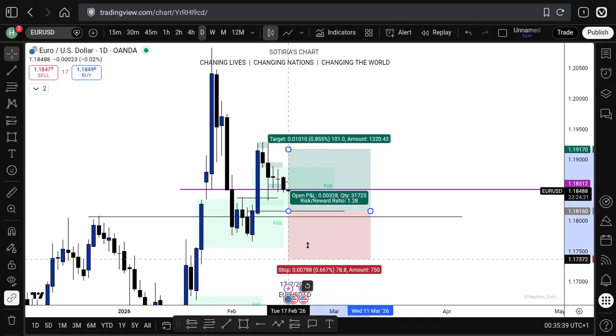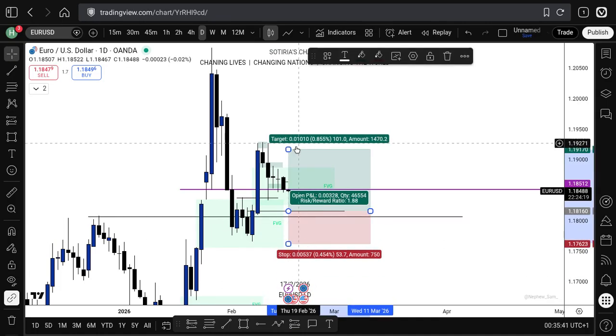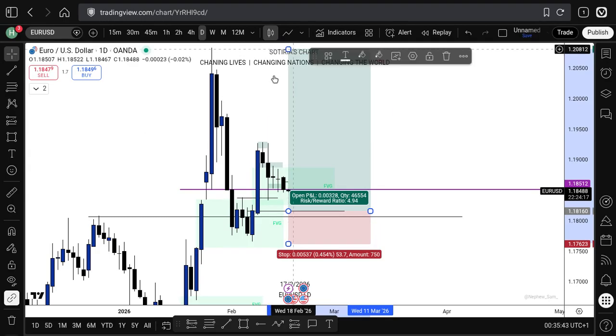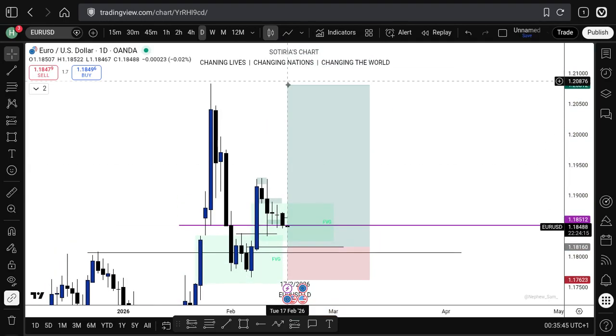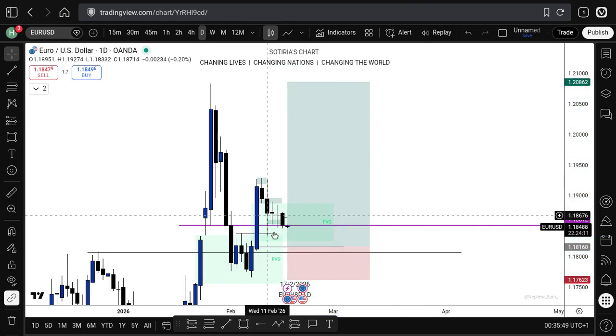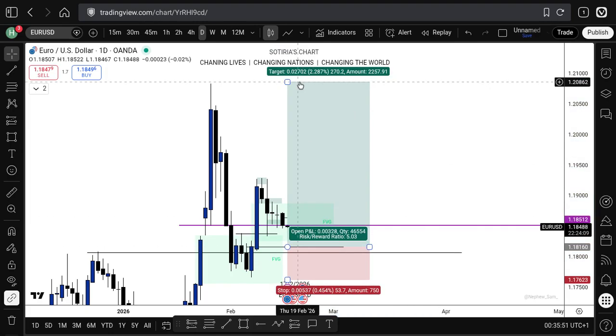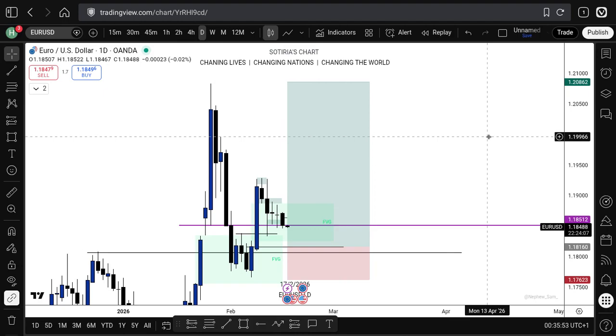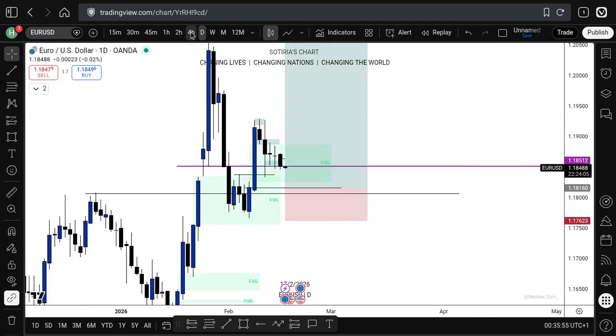So we can buy directly from this level and target these highs. Simple as that. Or you can buy from the lower time frame. So this is what I'm expecting on EU this week.